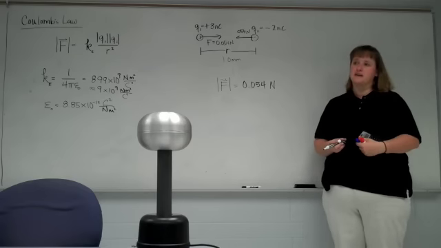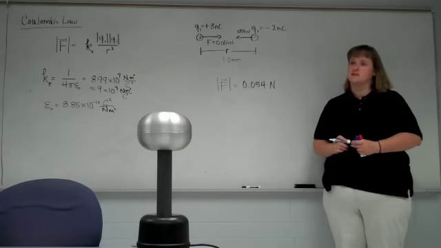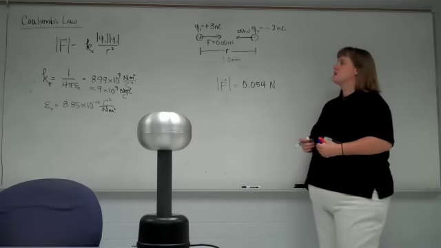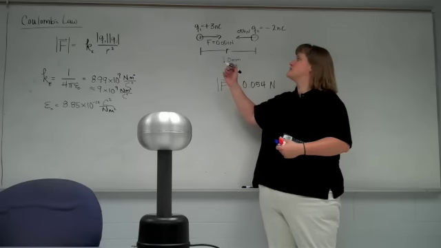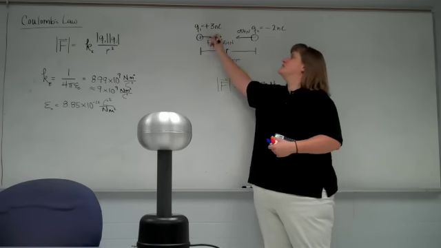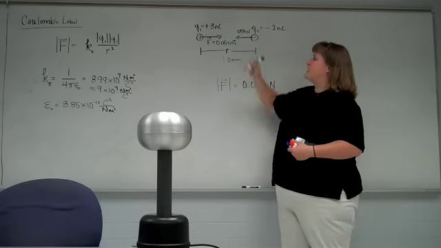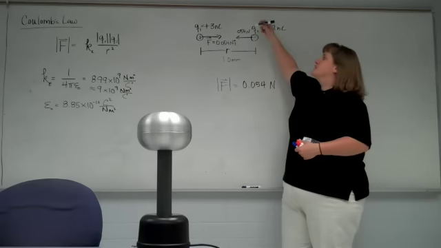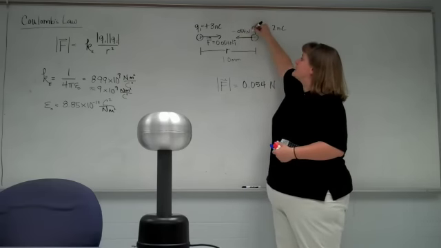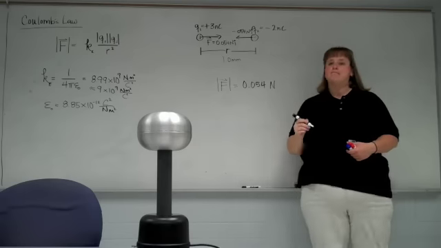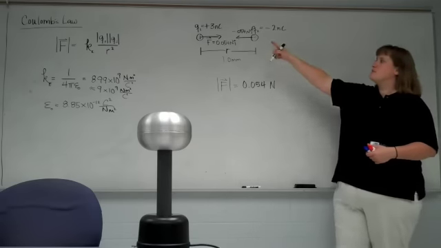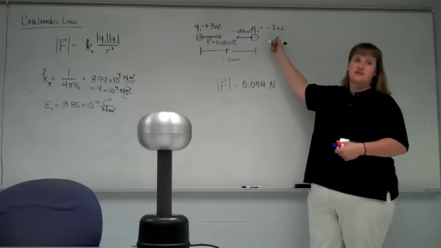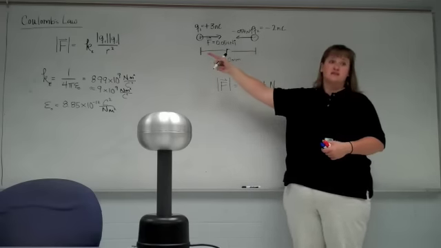If it's been a little while since you've used vectors, you may need to brush up. Vectors, remember, we write in terms of their components or in terms of magnitude and direction. This one, all we need to do is tag on an i hat and we're good. We've got it in vector notation. This one, since it's pointing to the left, would be negative i hat. Notice, if we had plugged in the actual values and not just the absolute values, we would have gotten a negative answer.